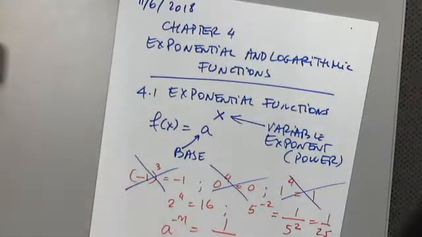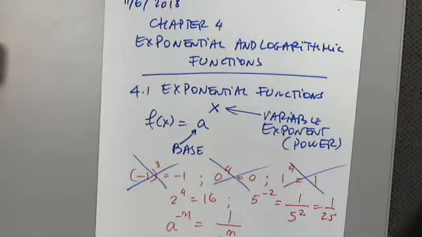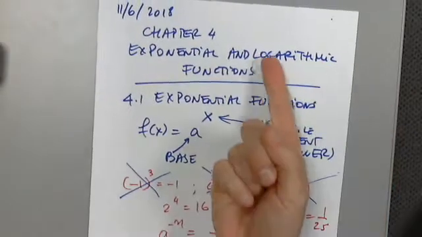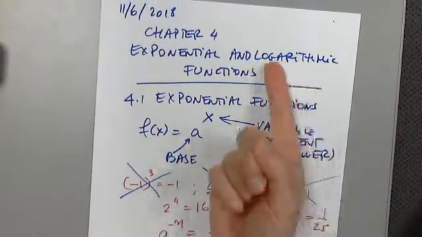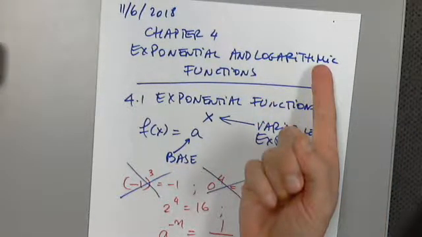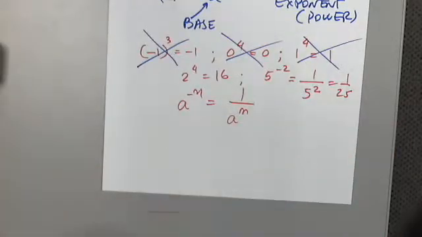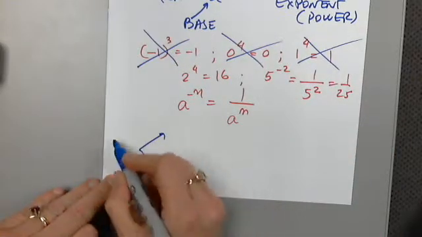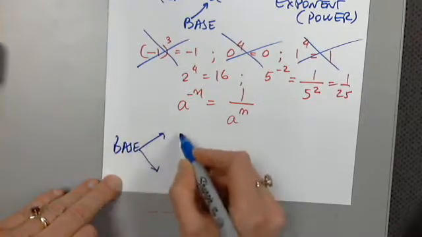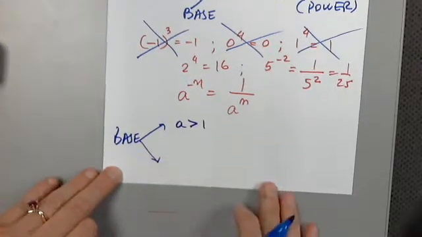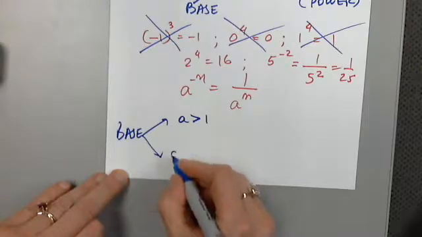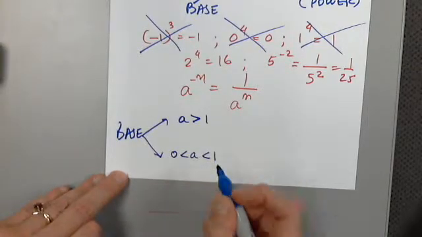The only reason why these three are not allowed is because we will not be able to define this function. Okay? So what can the base be? The base can be a number greater than 1 or a number between 0 and 1.